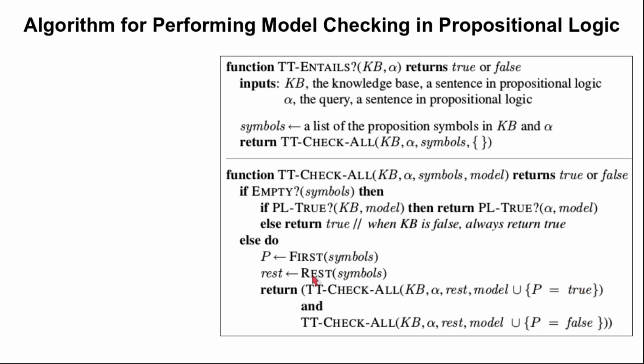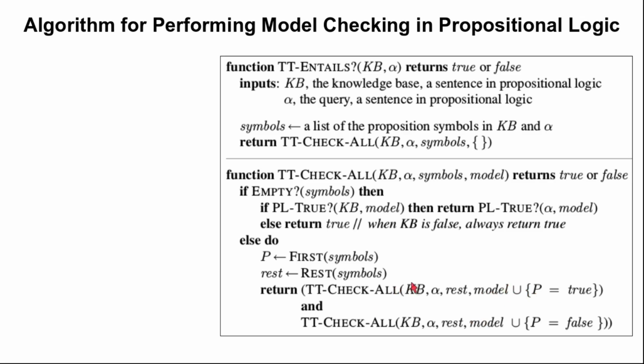In the first call we are assigning true to the first proposition symbol, and then we recursively call check all and we send the rest of the symbols as our new list of symbols, and we increment our model.